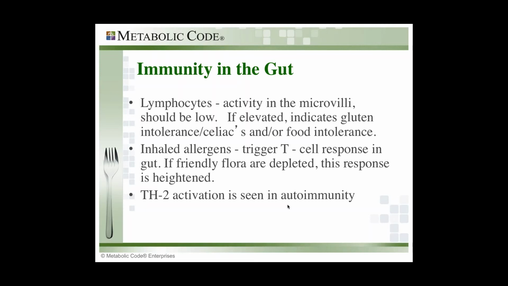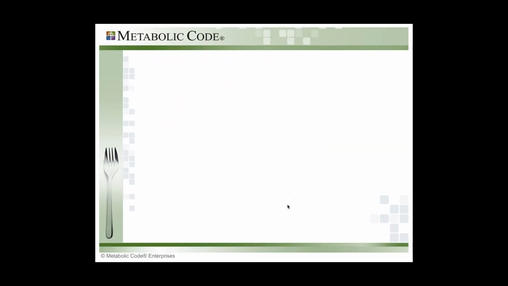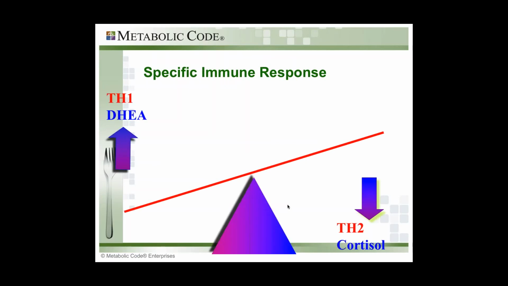And what happens is we get into an imbalance between our acquired immune side and our innate immune. And so the Th2 activation is what is seen in autoimmunity. So this is the balance between Th1, which is your innate immunity, and Th2, which is your acquired immune side.